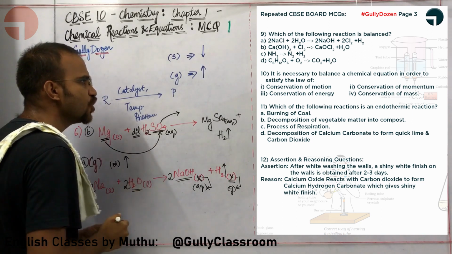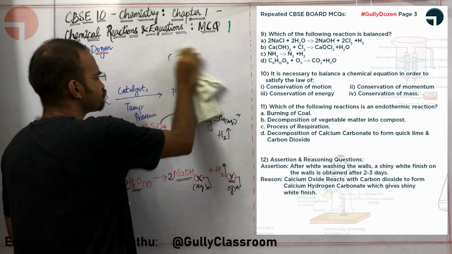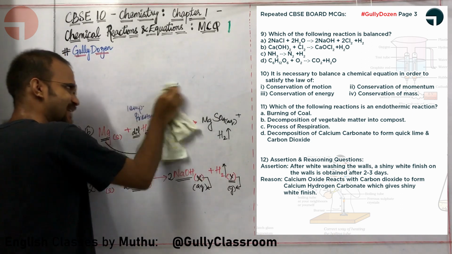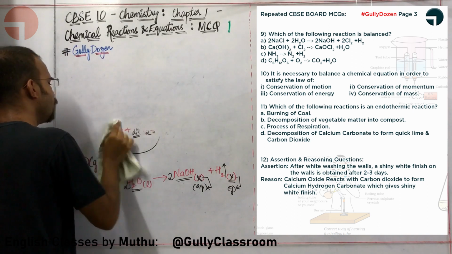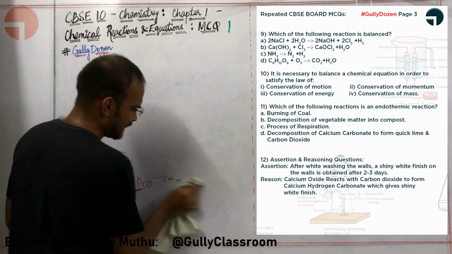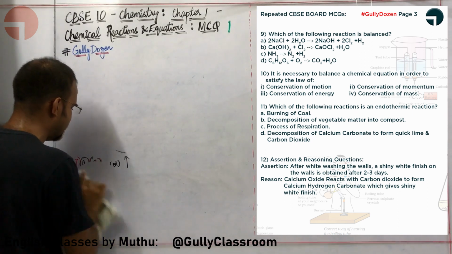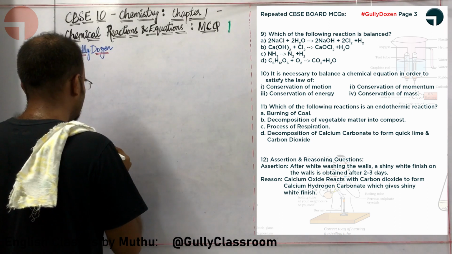Which of the following reactions is balanced? In order to analyze which of the following reactions are balanced, let me first rub the board. Look at the first equation. What is reacting with what? NaCl is reacting with water. Let me write the exact equation.